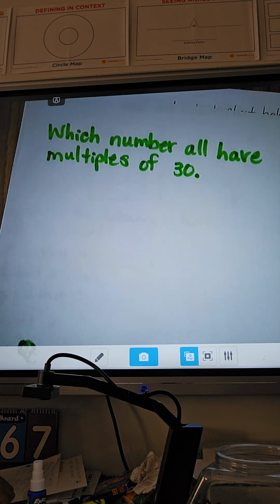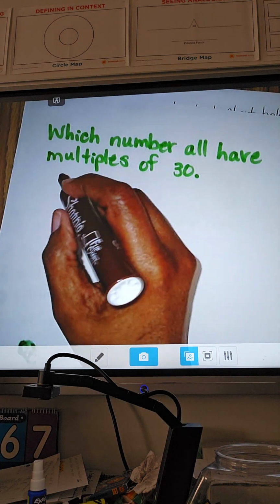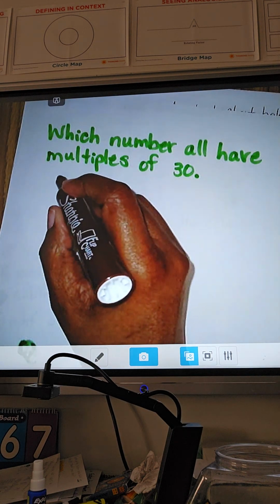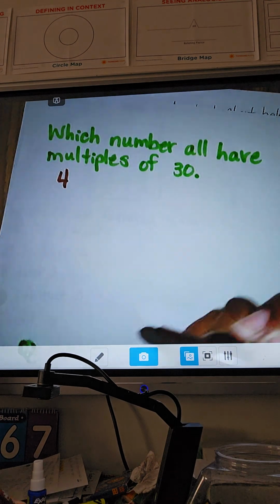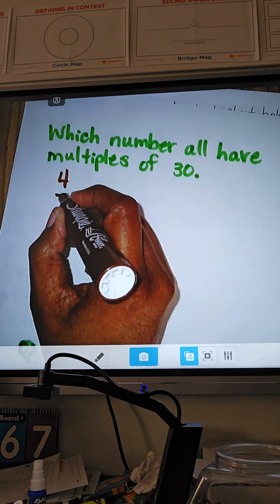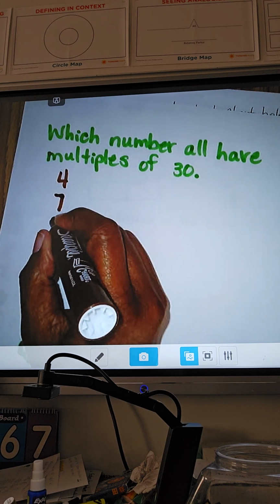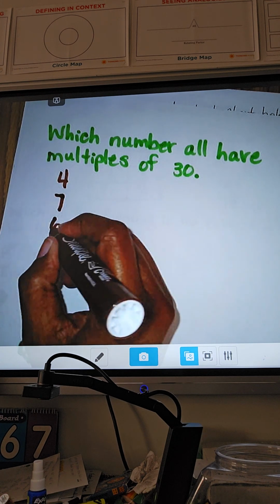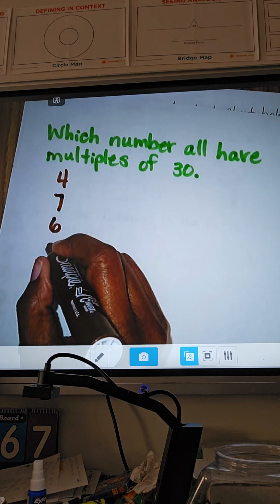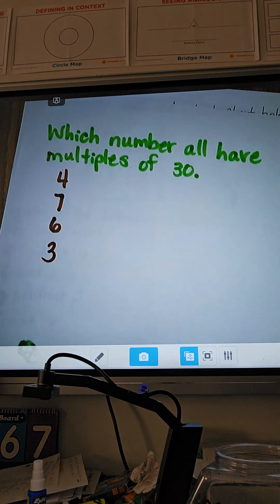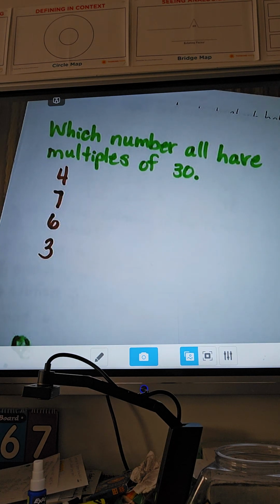So I know if I say I want to see if 4, 7, 6, and 3. Okay, which one of these numbers have multiples of 30?